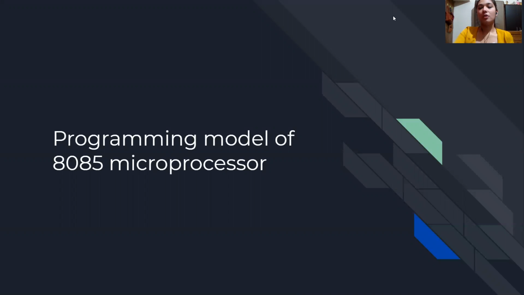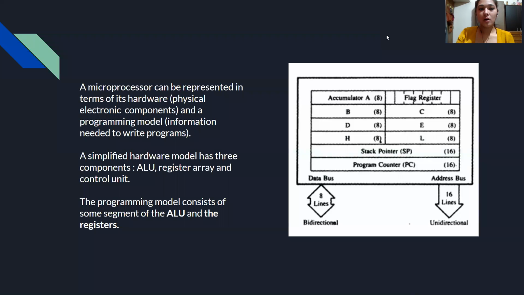Now, moving on, what we'll have is a brief introduction to the programming model. First the definition, and then we'll move on to the components and describe each functionality one by one. What you see on the screen is the basic layout of the programming model of the 8085 microprocessor.